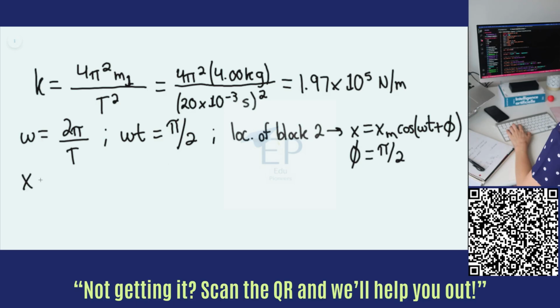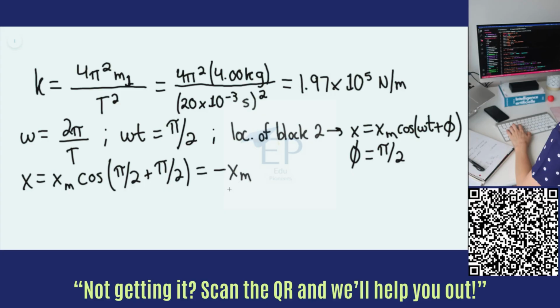This gives us that x is equal to x sub m, maximum displacement, times cosine of pi over 2 plus pi over 2. And this is equal to cosine of pi, which is negative 1. So negative 1 times the maximum displacement is going to be equal to negative x sub m, negative maximum displacement.